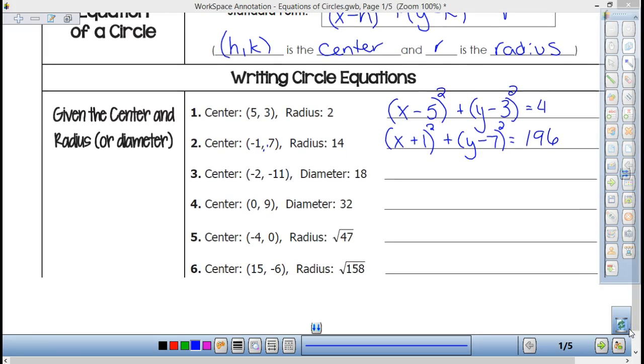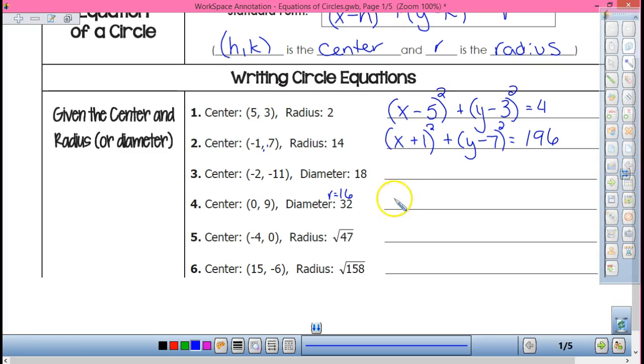All right, so let's look at number 4. It tells us that our diameter is 32. What's that make my radius? 16. Yeah, because we're on 4. We skipped 1. All right, so if it's x minus 0, do I want to put that minus 0 on there?